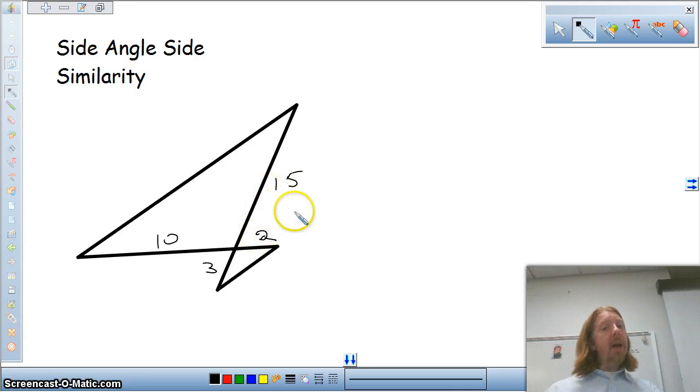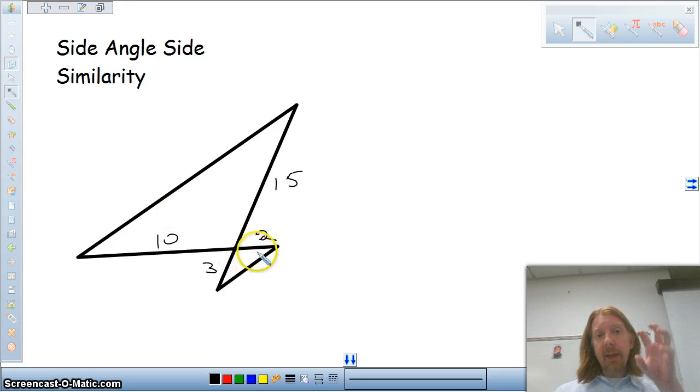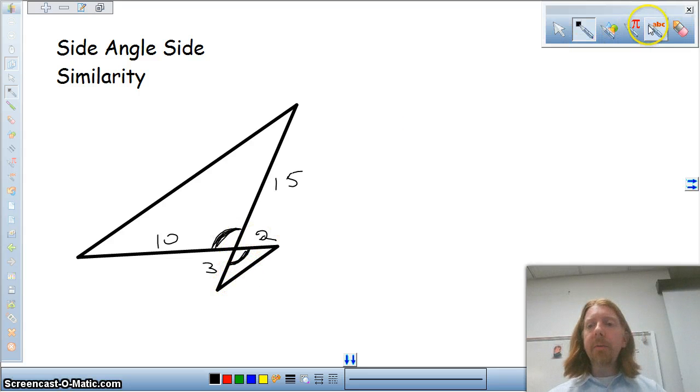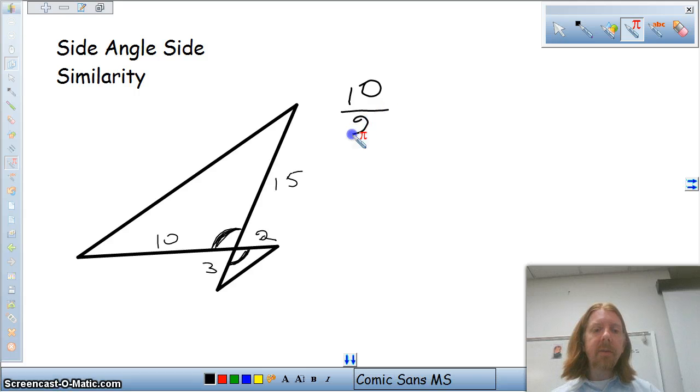Now, from the diagram, just given that, this is an example of that side angle side. I have two sides and the angle between them. So for example, by vertical angles, I know this angle here is congruent to this angle. Vertical angles are congruent. So that then tells me, let's check our proportionality. 10 divided by 2 this time gives me 5.